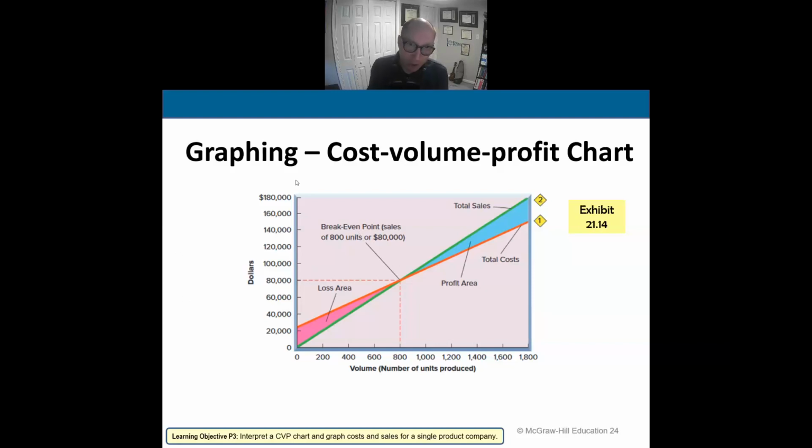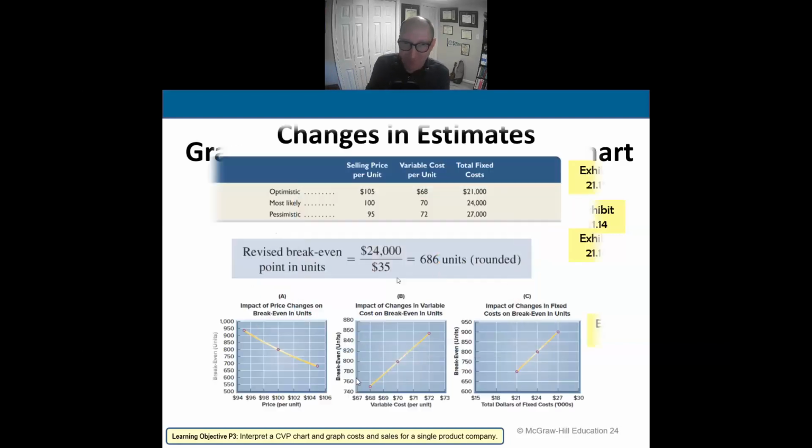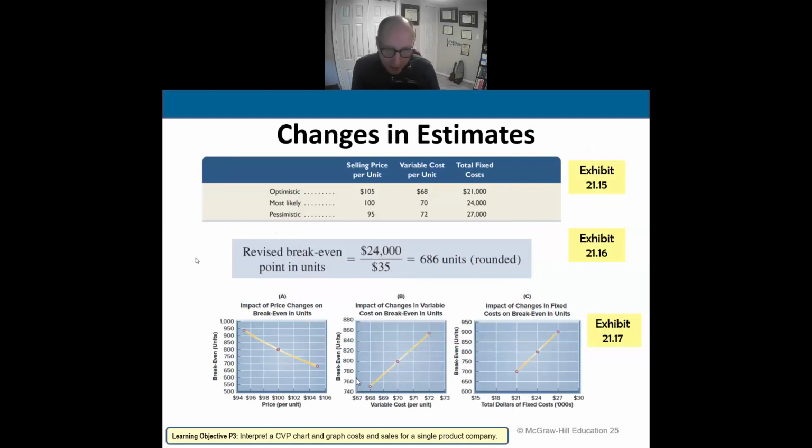Cost volume profit chart. If you sell below break even, you're losing. If you sell above break even, you're profiting. That's the chart. It's a nice chart. It's okay. Not my favorite. Prefer the formula method.